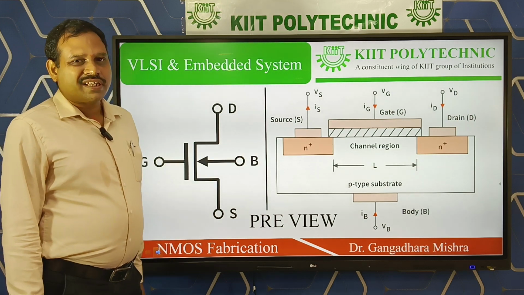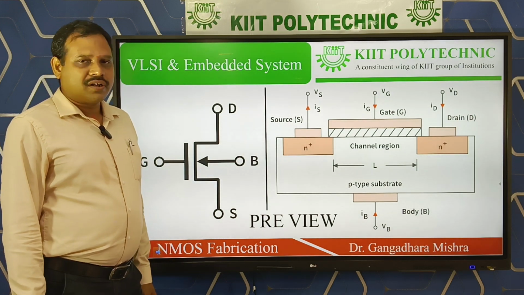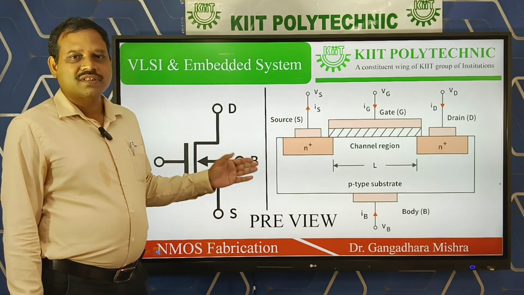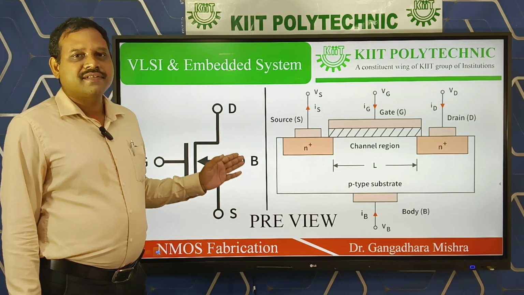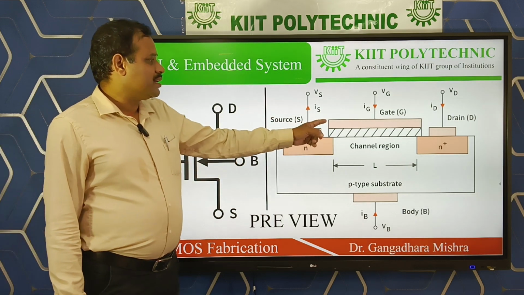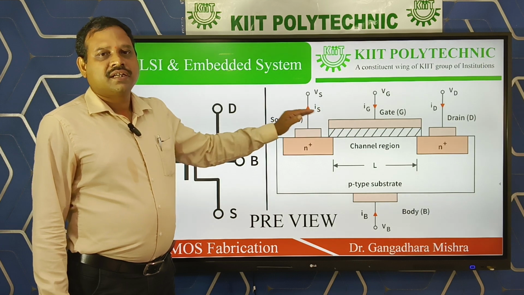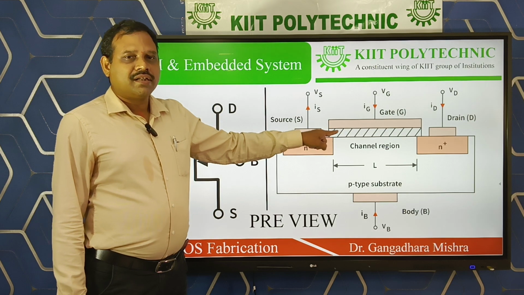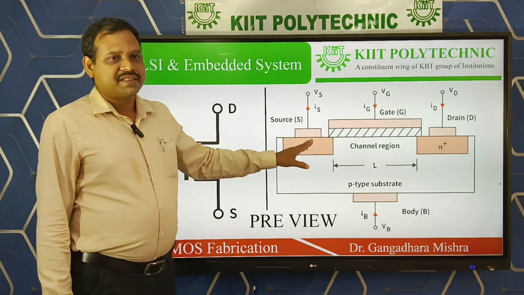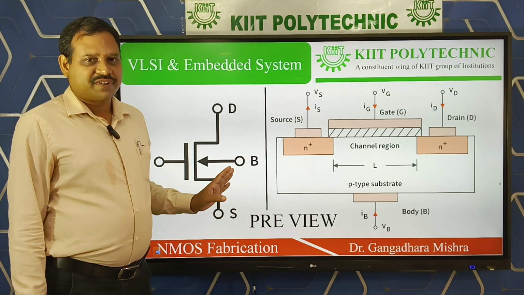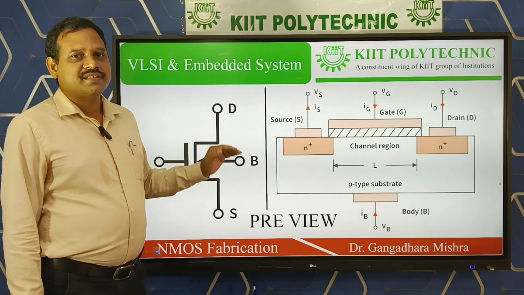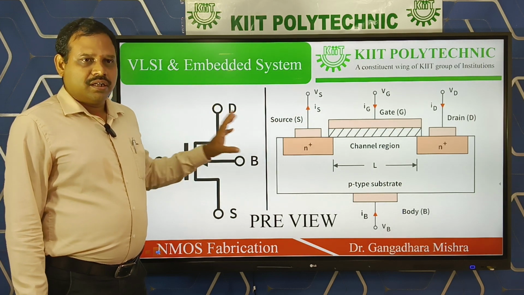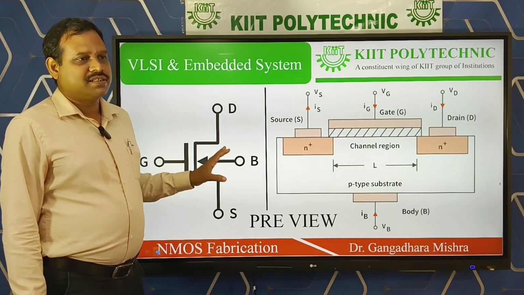In this NMOS enhancement type transistor, a p-type substrate carries the source and drain regions which are n plus regions, and the gate region is laid over the semiconductor material, with a silicon dioxide layer placed between the gate and the substrate. Accordingly we will process the design step by step to achieve all these incorporations in a semiconductor chip.